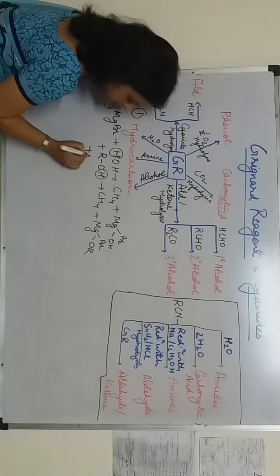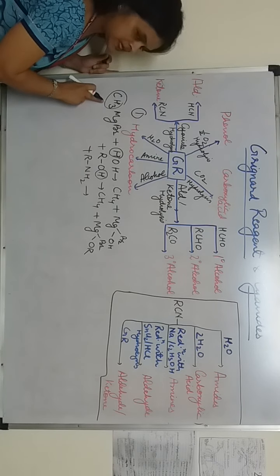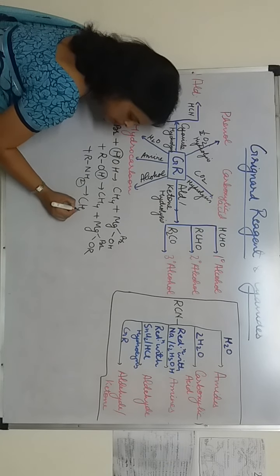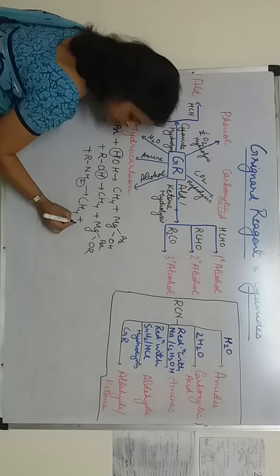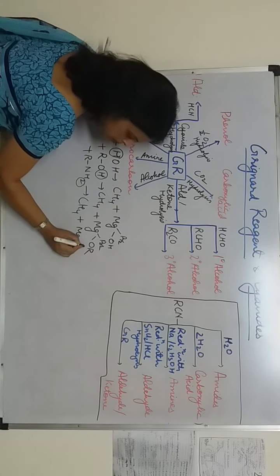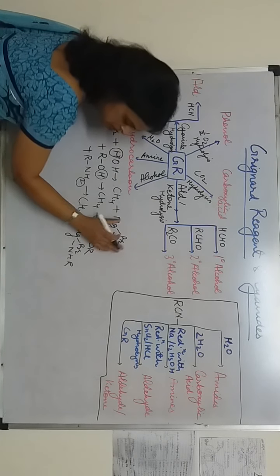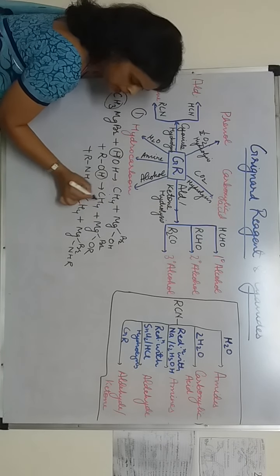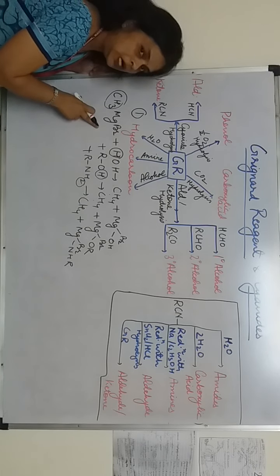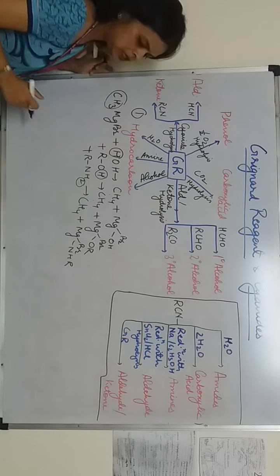If we are having amines RNH2, in the same way this alkyl part will combine with one of the hydrogens and it will form CH4 along with the side product MgBr NHR. So these are the side products and here we can see hydrocarbon has been formed corresponding to the number of carbons which are present in the Grignard reagent. So this is the first type of reaction of the Grignard reagent.